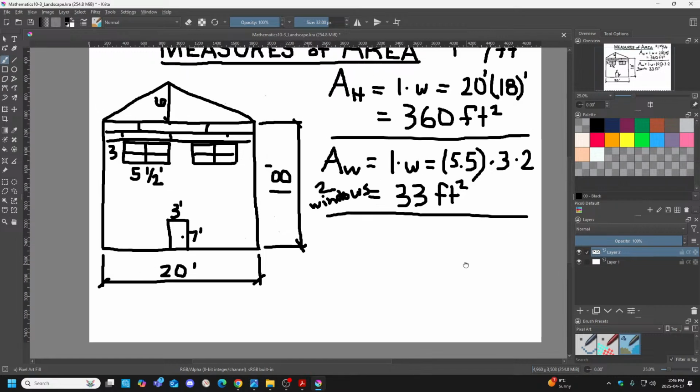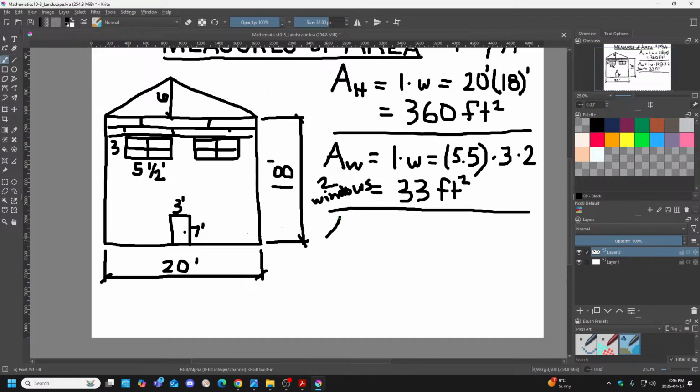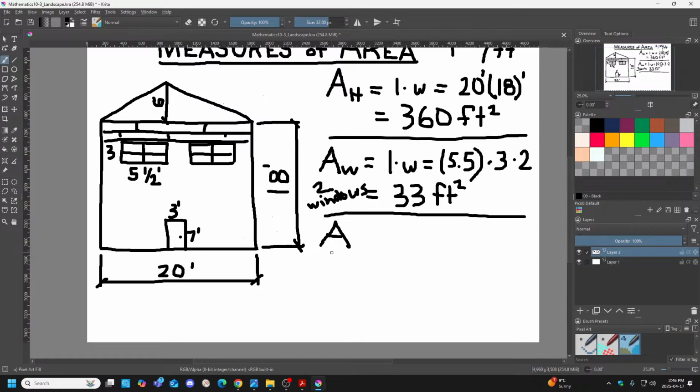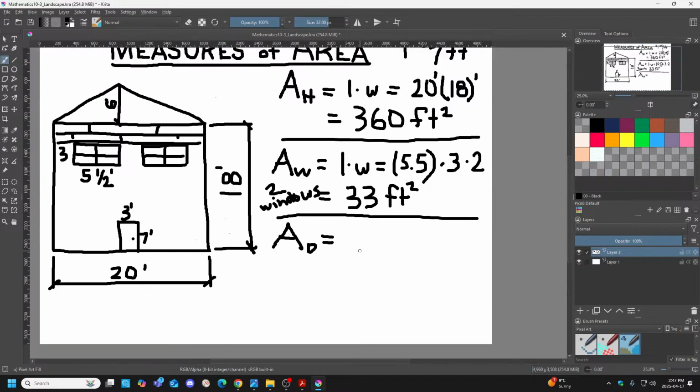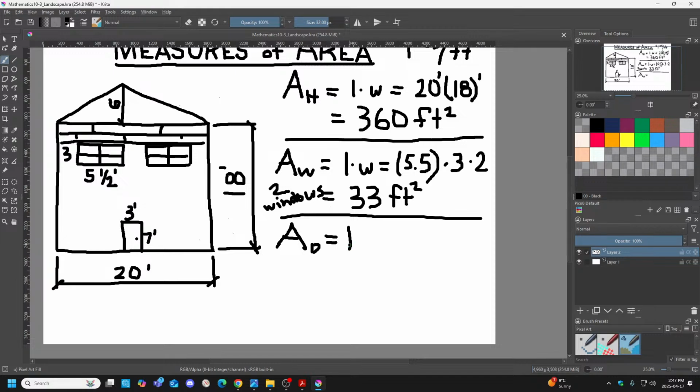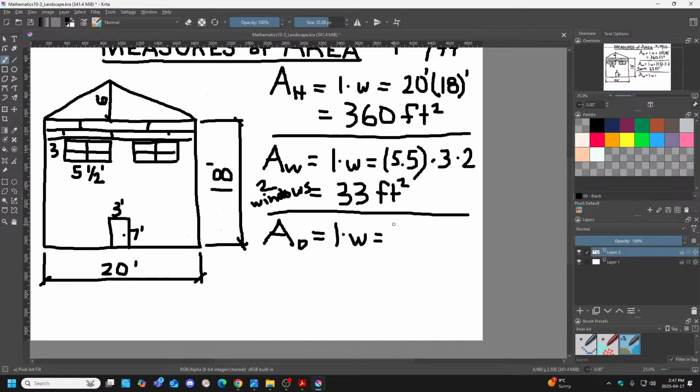All right. So now we have the door, right? There's a little bit of work to do. Should almost charge the customer for an hour's labor just for doing the calculations. Area of door, length times width, equals 7 feet times 3.